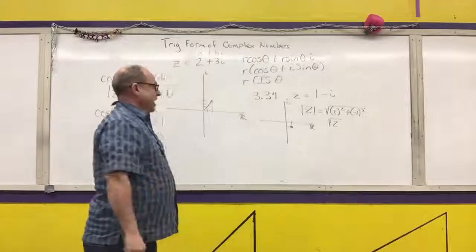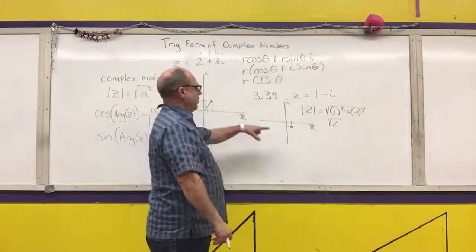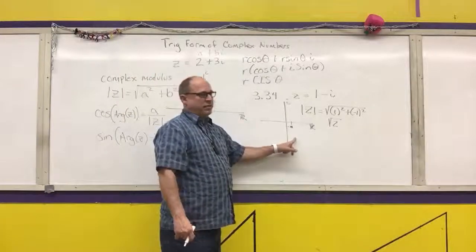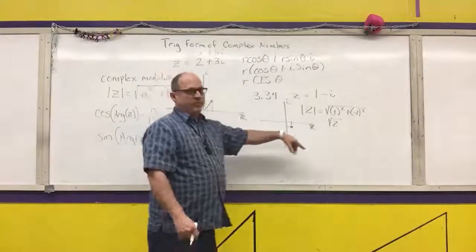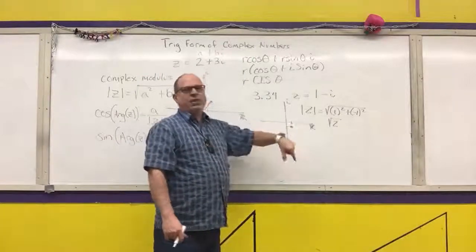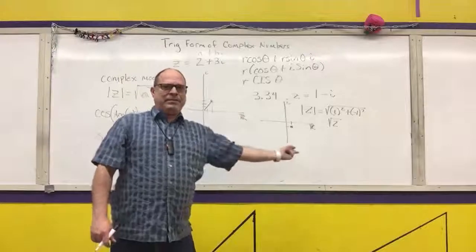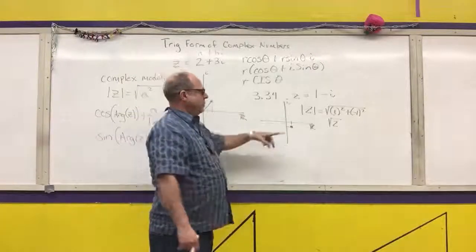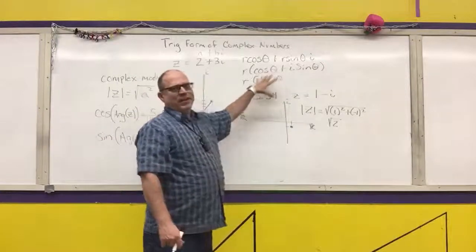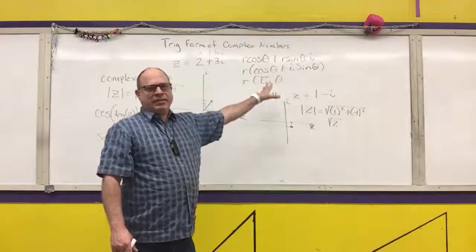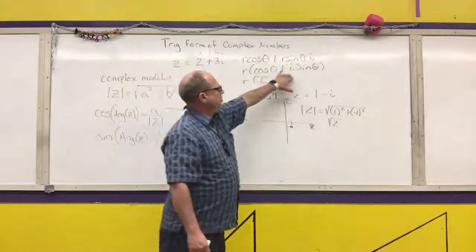And I need to know what theta is. Theta is a quadrant 4 angle, so I can represent theta in various ways. I want to represent it as a positive angle, which will make things easier, and then I'm going to represent it as a negative angle to show you how this equation would work.